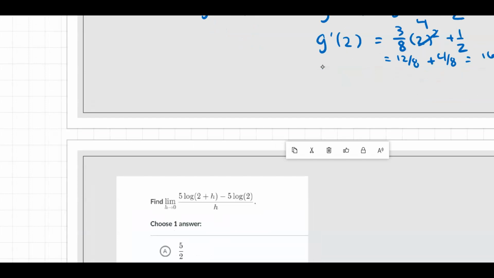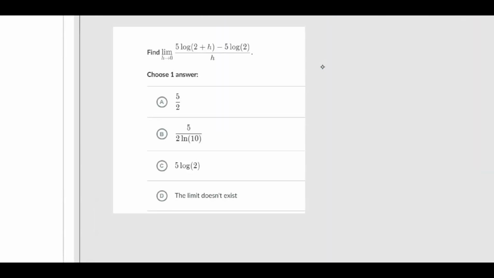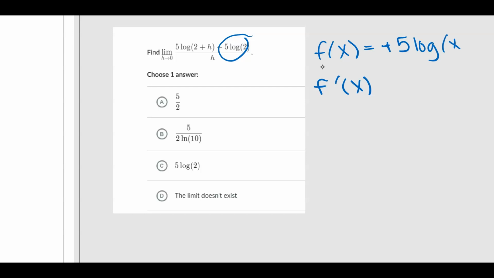And then down here, we're going to look at a limit of a log. So basically, think about it in terms of the rule. So whatever is here is your f of x. So then your answer is just going to be f prime of x. And in terms of this problem, it's really kind of like 5 log of x.